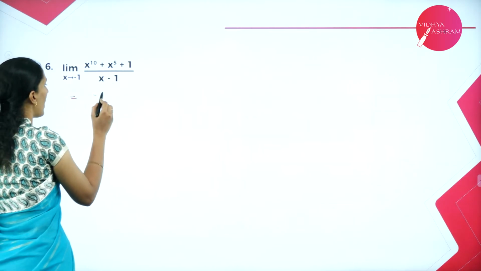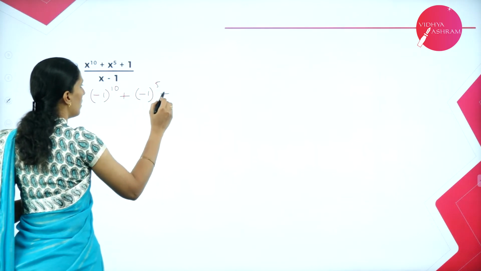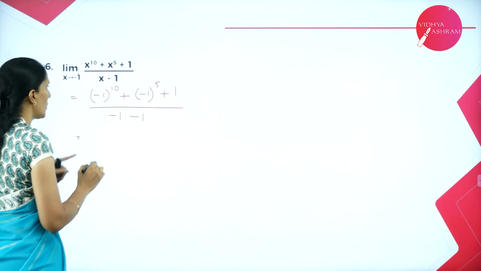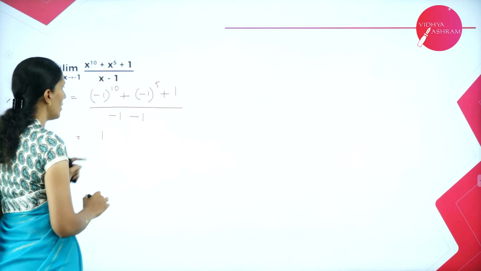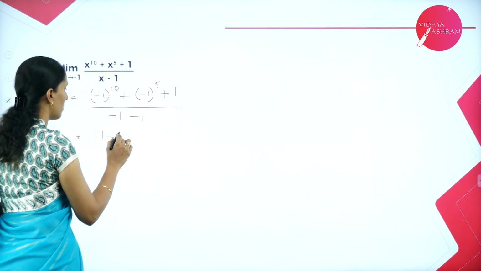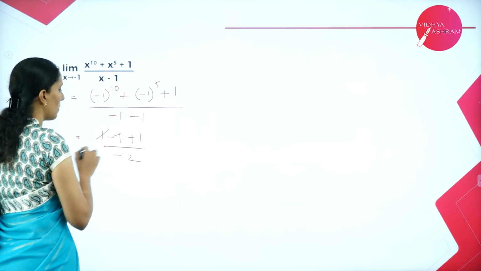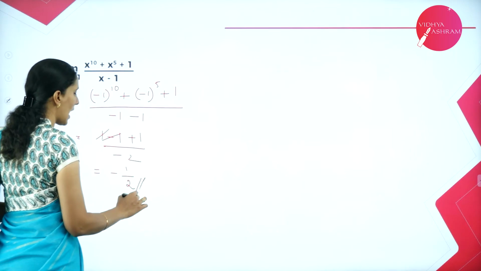So this is minus 1 whole power 10, minus 1 whole power 5 plus 1, divided by minus 1 minus 1. So minus 1 even times is plus 1, minus 1 odd times is minus 1, plus 1, divided by minus 2. Minus 1 plus 1 get cancelled. So the limit of the function is minus half.